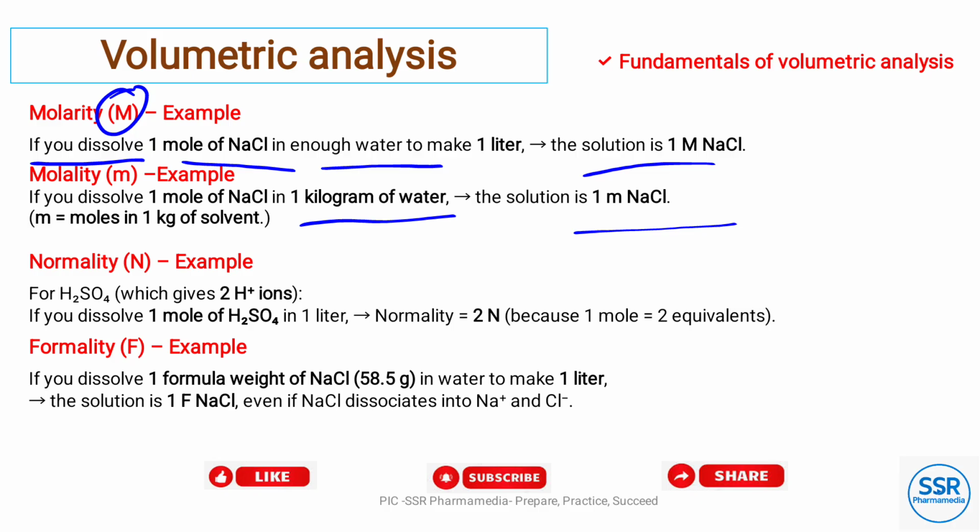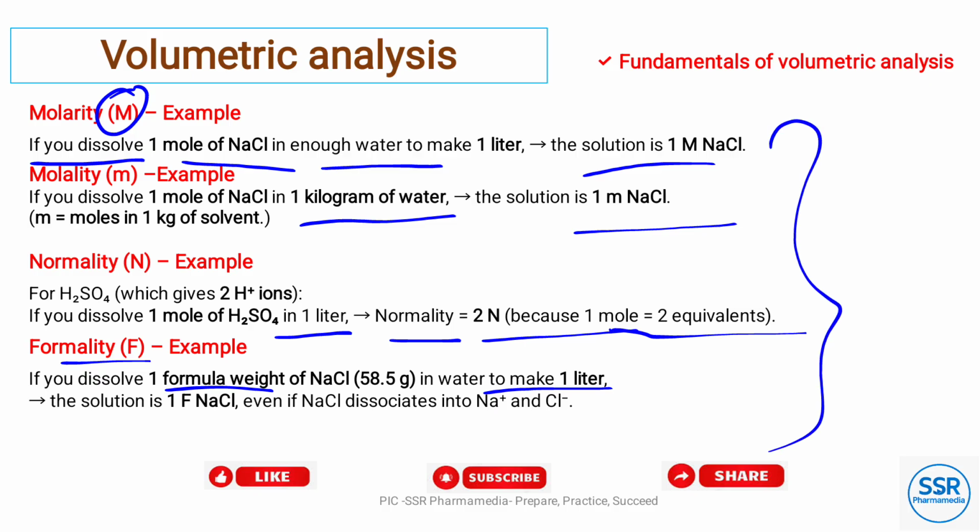Normality is capital N. If you dissolve 1 mole of sulfuric acid in 1 liter, it gives a 2 N solution, because here we use equivalent weight and 1 mole equals 2 equivalents. For formality, dissolve 1 formula weight of sodium chloride in water to make 1 liter of solution. These are the definitions of normality, molarity, molality, and formality.